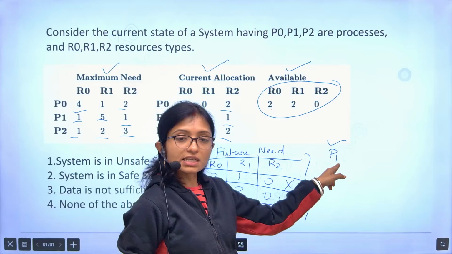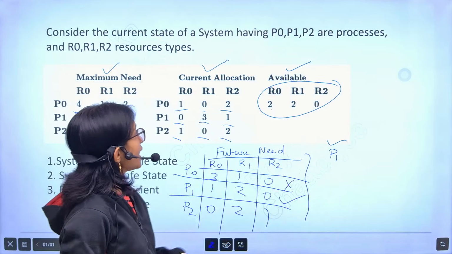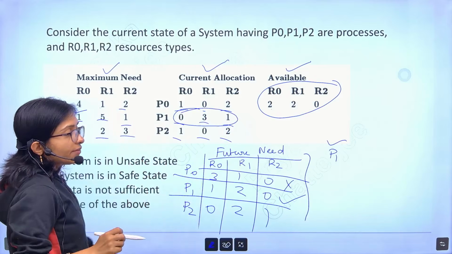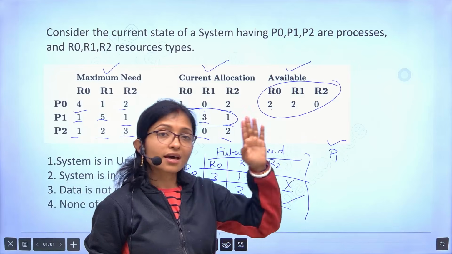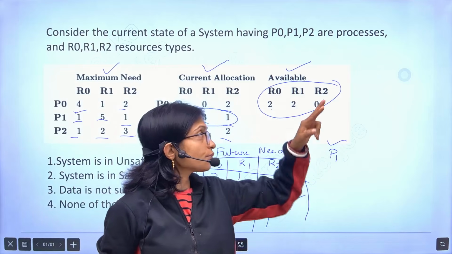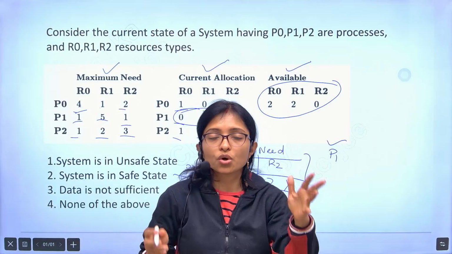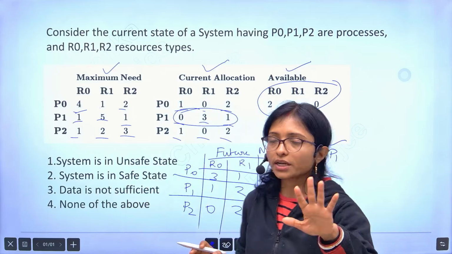Whenever P1 is completing the process, then current allocation. Whenever P1 completed the task, current allocation will be added with the availability. Because P1 will release those resources whatever P1 was acquiring.